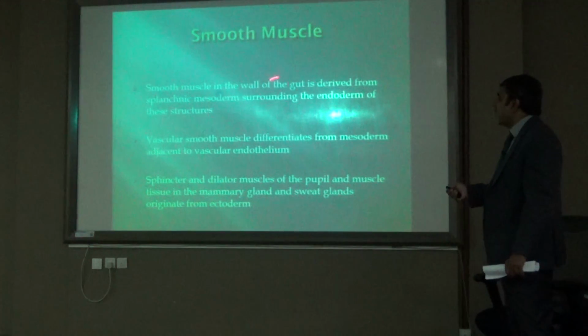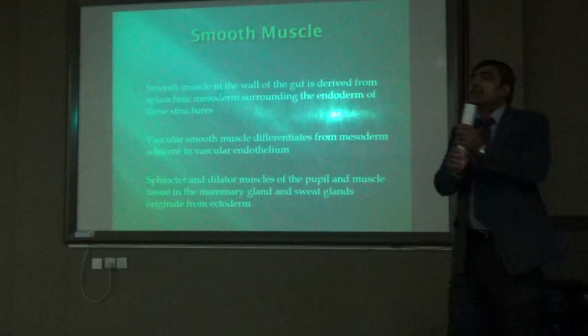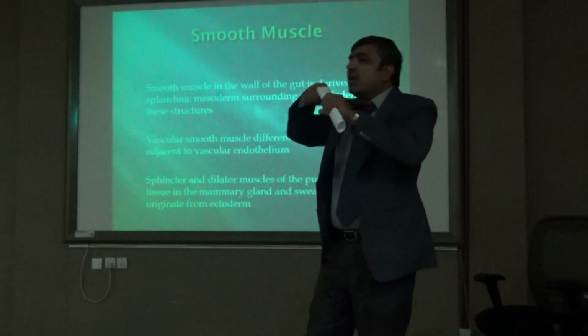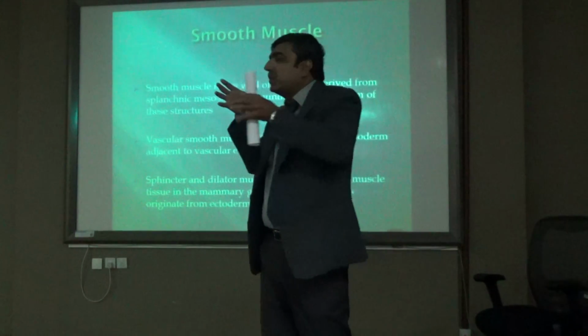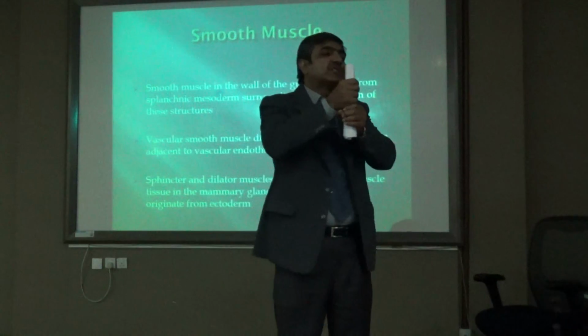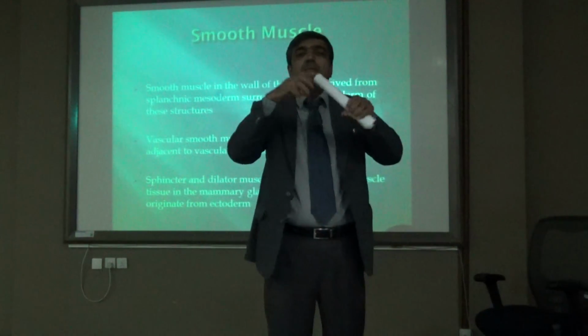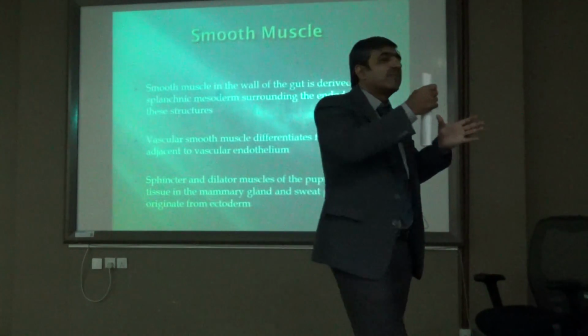For the smooth muscle of the gut, I already told you similarly, the gut is endoderm surrounded by the mesenchyme or connective tissue. This connective tissue converges to form the smooth muscles of the gut. Inside is endoderm, outside is smooth muscle of the gut.